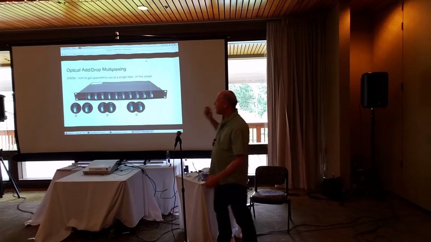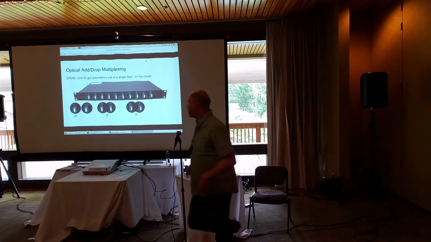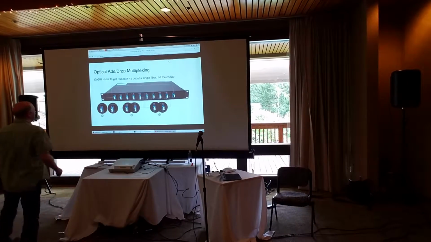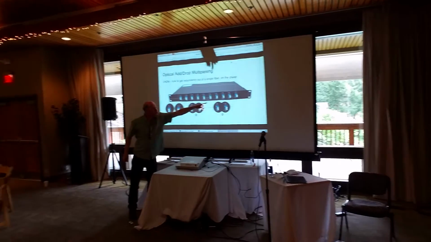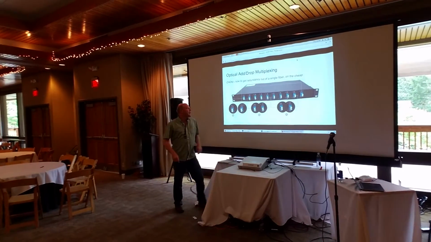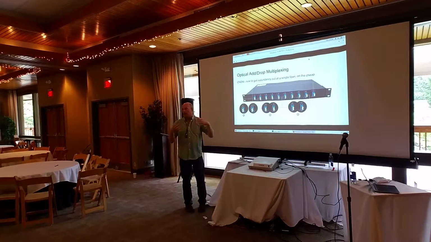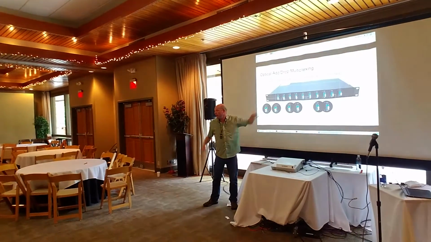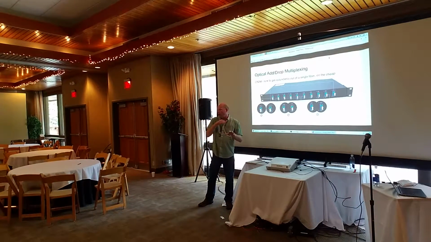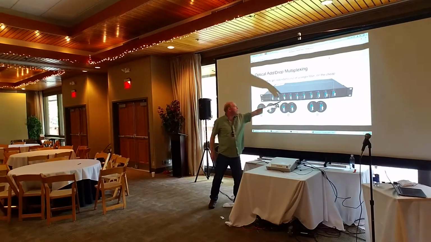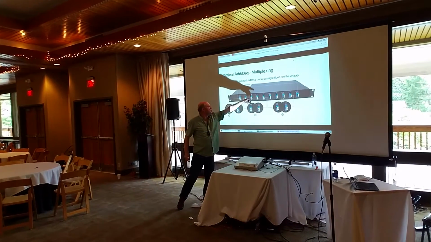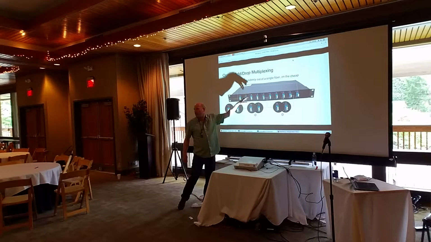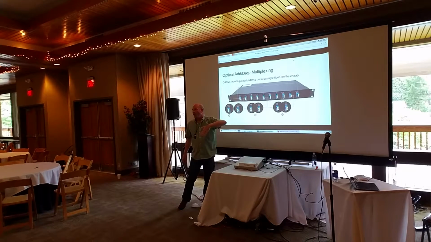And so you have a fiber come in and a fiber go out, right? So you can barely see it on here, but this is your input and that's your output on that side. So you can make a ring like all your schools with a single pair of fiber. You have one of these at every school and you tie them into out, all the way around. These, which you can just barely see on here, are channels. These particular colors get pulled out of the white light or added back in.